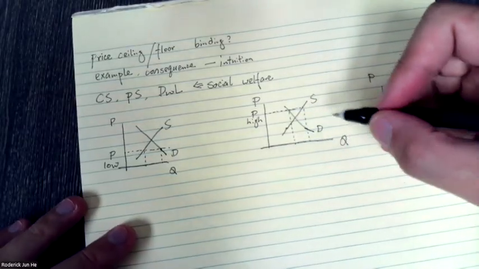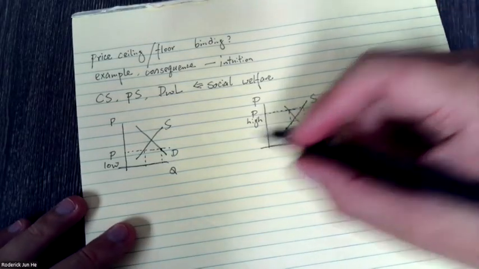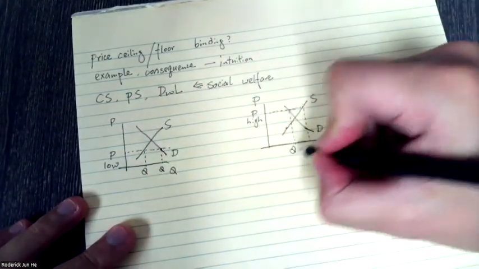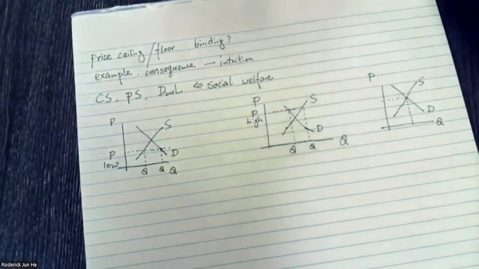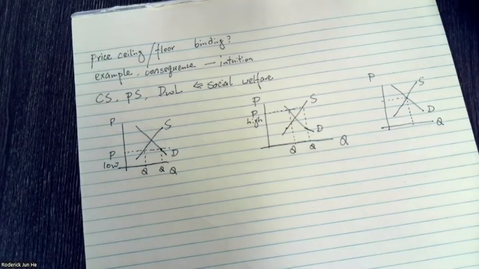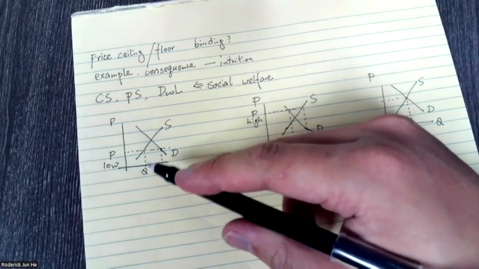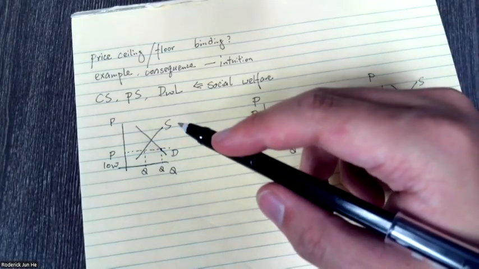In which case the market does not clear anymore. And here that mismatch is reflected by unequal quantities. So how do we find those quantities first? Here there is a pretty intuitive way to do that.